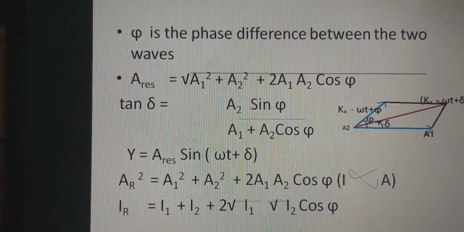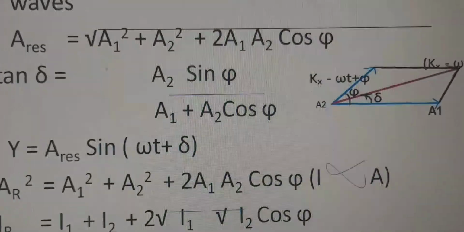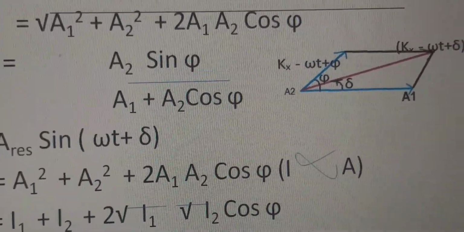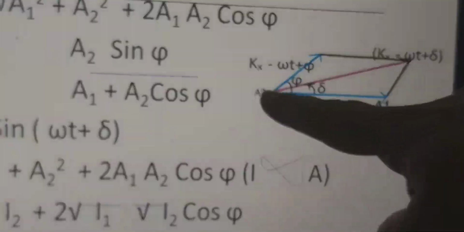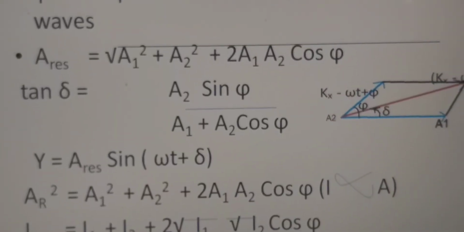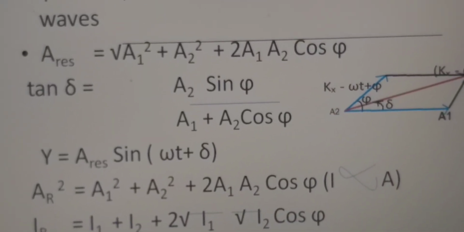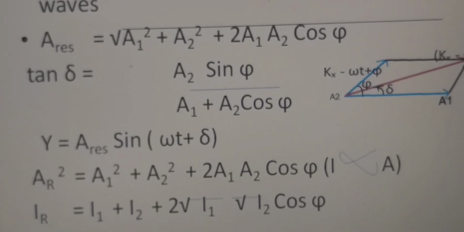A is the amplitude. Now look at the diagram carefully. A2 is this side and this is A1. From the diagram, tan delta is equal to A2 sin phi by A1 plus A2 cos phi.